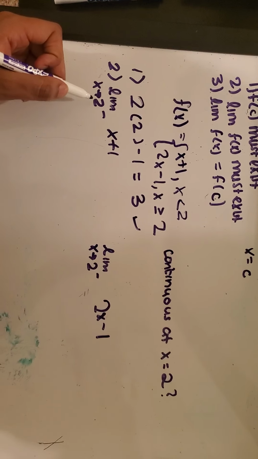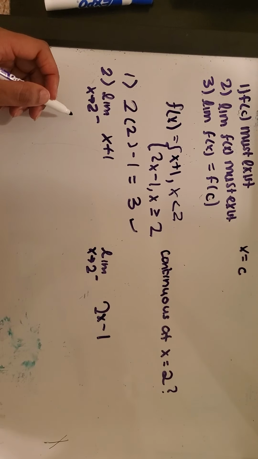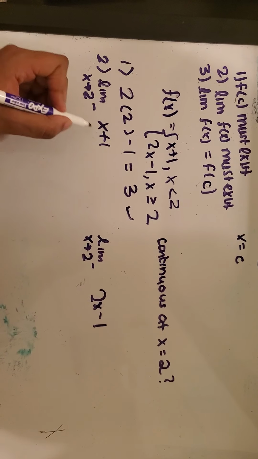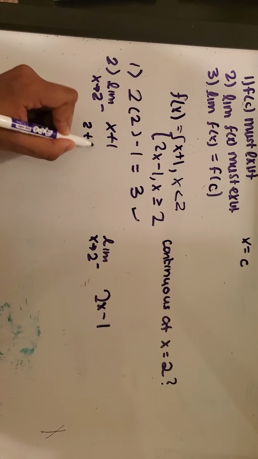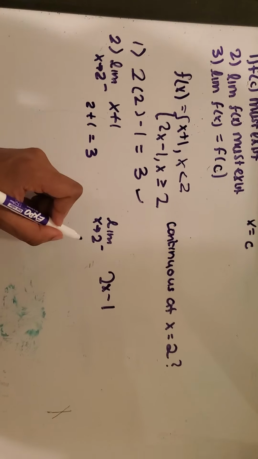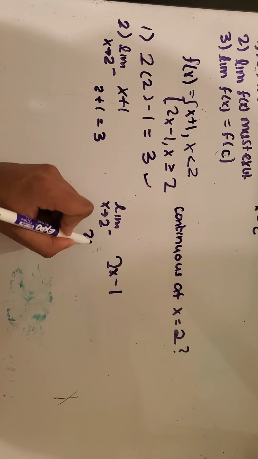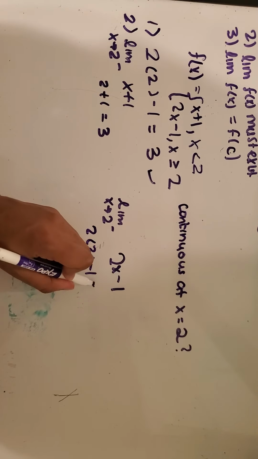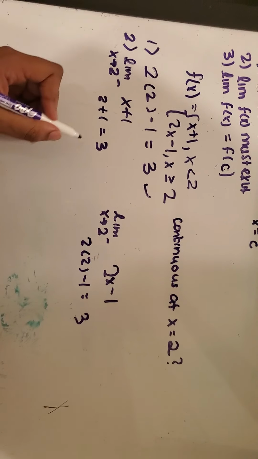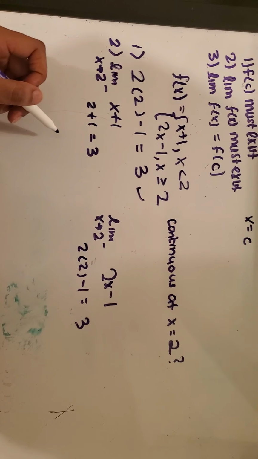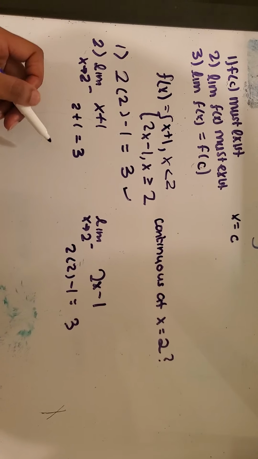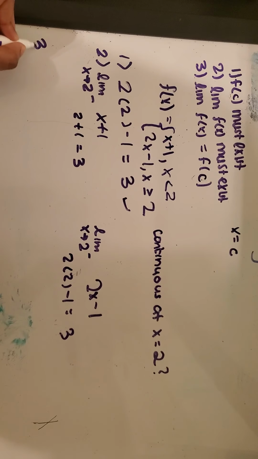Let's test the left side first. Let's see if 2 plus 1, which equals 3, equals the right side, 2 times 2 minus 1, which also equals 3. Because these two match, we can show that the limit exists and test the third qualification.